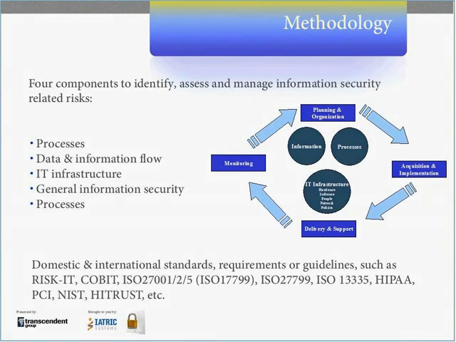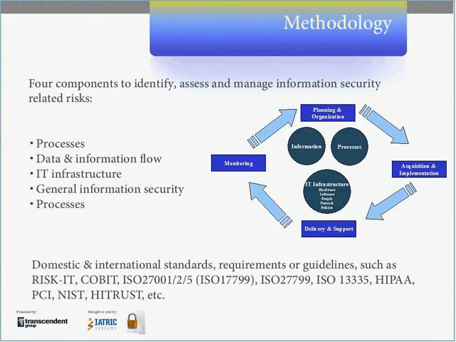To be able to identify the key security risks, you need to look at 4 areas. The business processes: what departments use IT, what systems they are using, how dependent they are on information technology. We also need to look at the data information flow, what systems we have, how they are integrated.